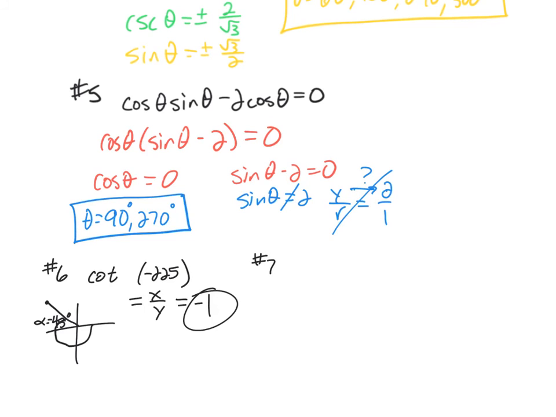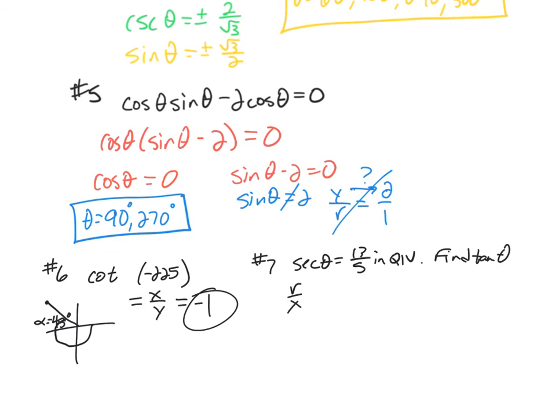And the last one we'll do, number 7. So this gave us a trig ratio of secant. So secant is 13 over 5 in quadrant 4. And we want to find the ratio for tangent. Okay, so secant, right, is r over x.